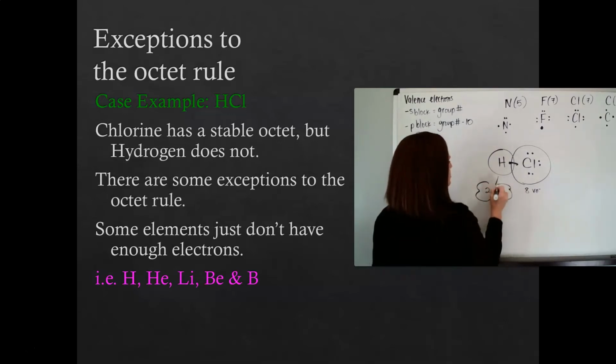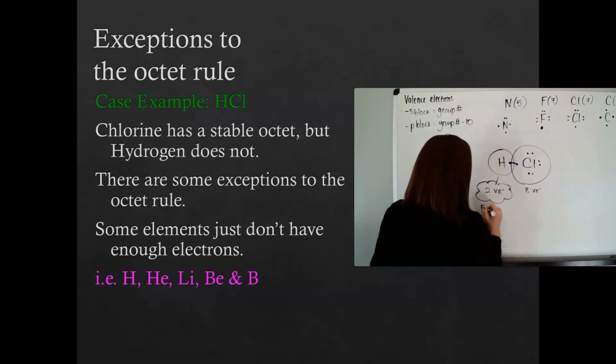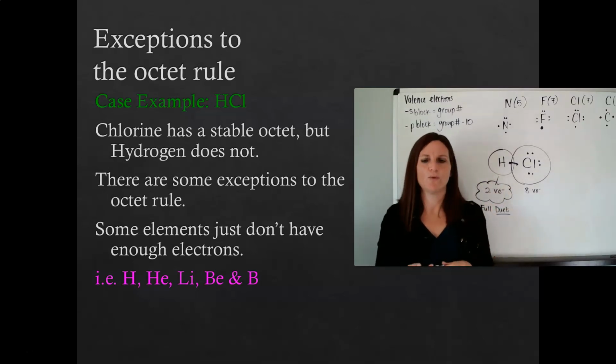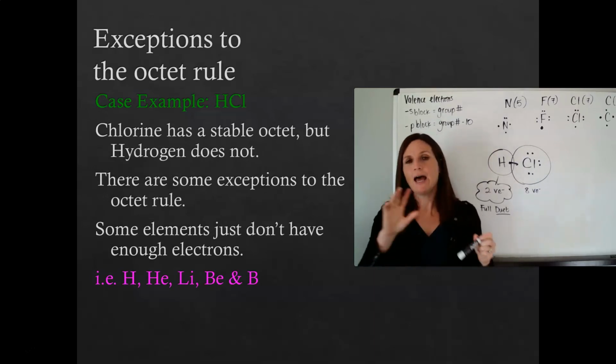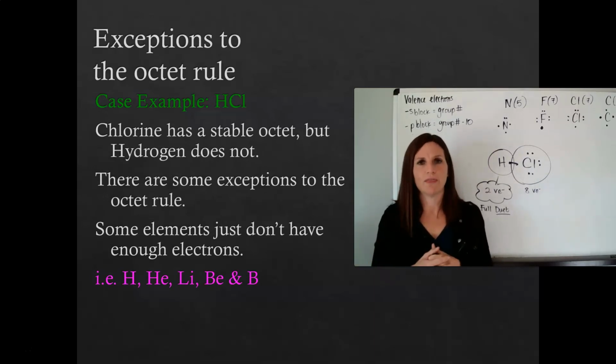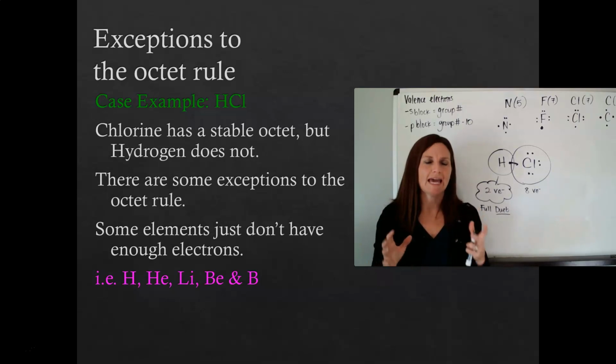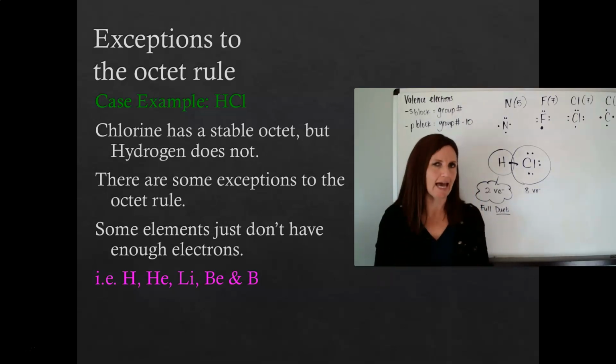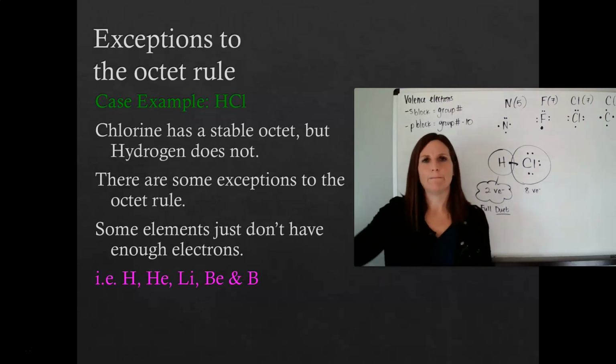We call this, as we mentioned before, a full duet. Okay? So some of them can form a full duet, some of them can't even do that, and that's okay. We just sort of let them be. They do what they can to get as stable as they can, even if they can't quite make the original goal of 8 or 2.